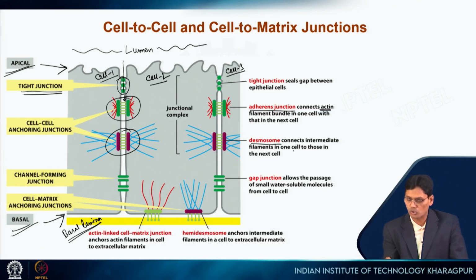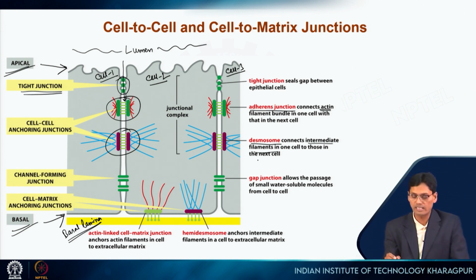Similarly, in the desmosome, the proteins interact through their cytoplasmic tails with intermediate filaments. As a result, the two cells are physically attached to each other.